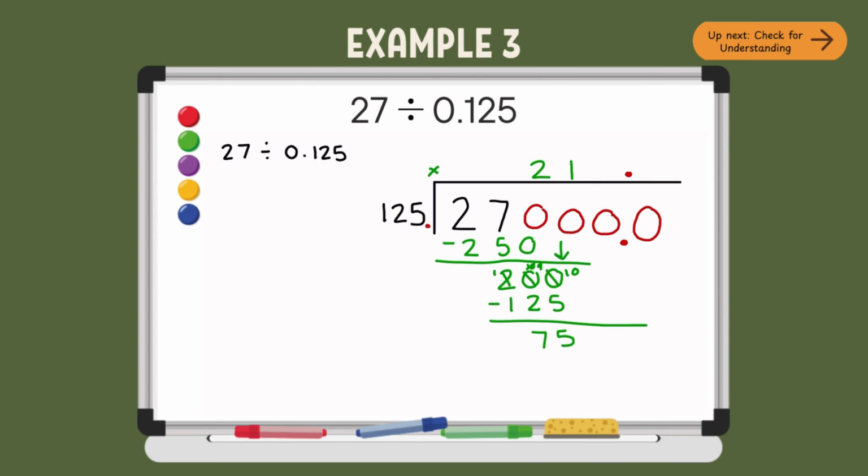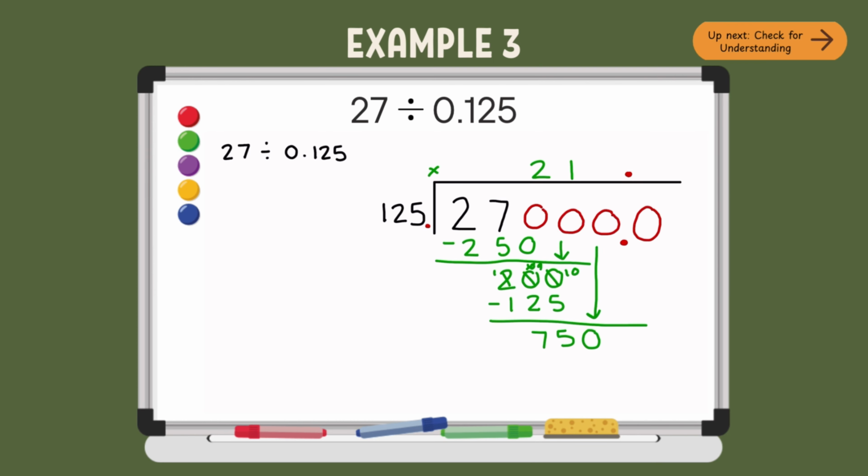However, we're going to pull down the 0 and make 750. Once again, you're going to need to pull out your scratch paper to perform some calculations on the side. We're trying to get to 750 without going over. So next, I'm going to multiply 125 times 6. And let's see what we get.